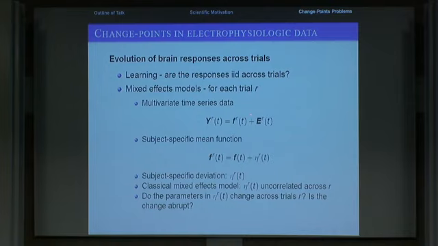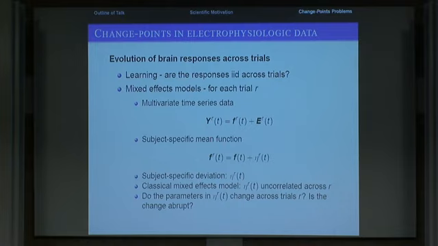Maybe I'll just recap. So if you have the multivariate time series data, Y, which I collect at trial r, at time t, I can model my Y_r, so this is the data at trial r, equals some mean function that's specific to trial r, plus some random term that's also specific to trial r.